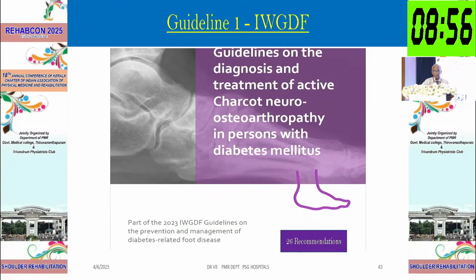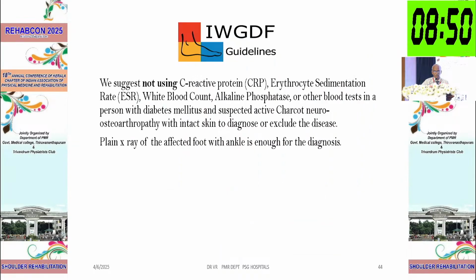This is the guideline, International Working Group on Diabetic Foot. Whatever I talked is from this guideline. The guideline says, we suggest not using C-reactive protein, ESR, white blood cell count, alkaline phosphatase, other blood tests to diagnose Charcot arthroneuropathy. Plain X-ray of the affected foot with ankle is enough for diagnosis.